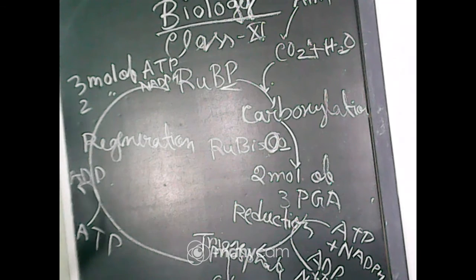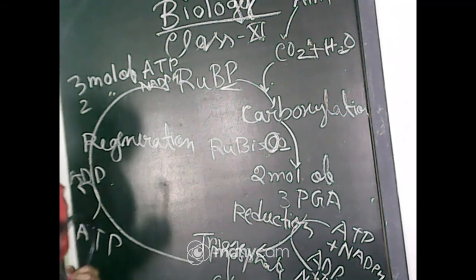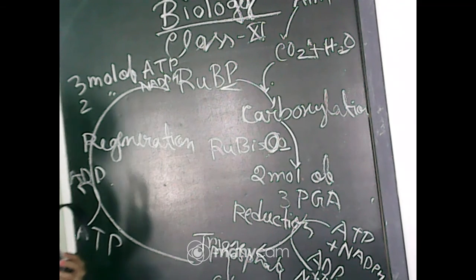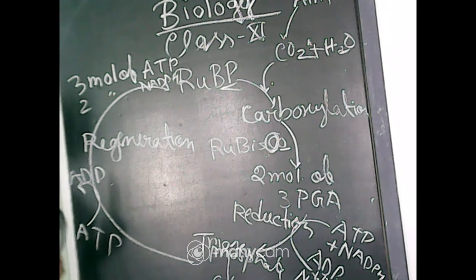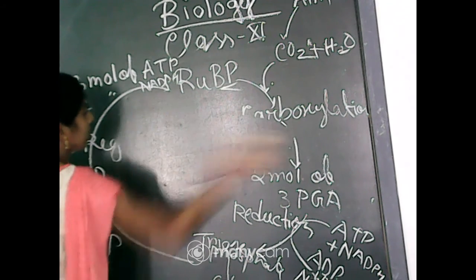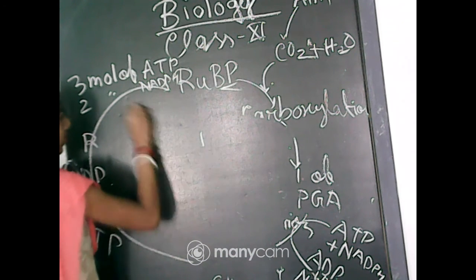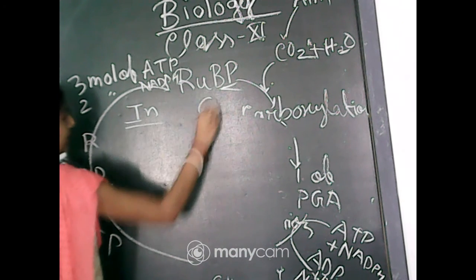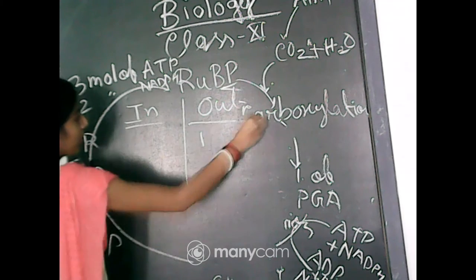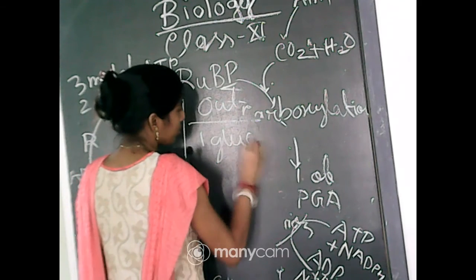Now if I want to consider the energy chart, what is required and what is released, our target is to get 1 molecule of glucose.